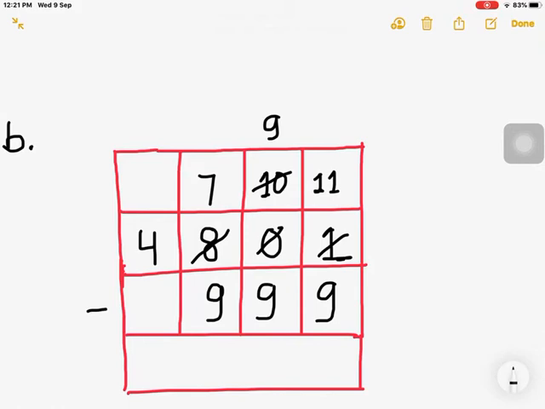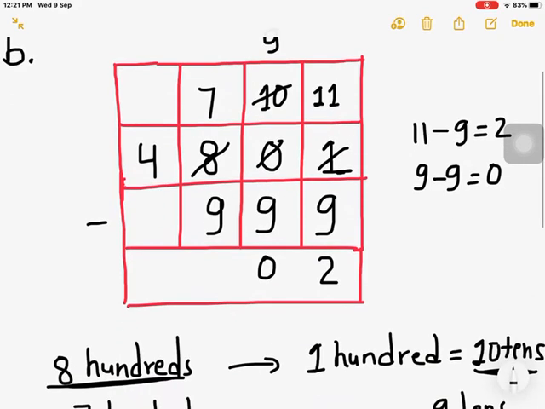Understood? Now let us subtract. 11 minus 9, that is 2. Then 9 minus 9, 0. 7 minus 9, again we have to borrow here. In the thousand place we have 4, sorry, let me rub this out.